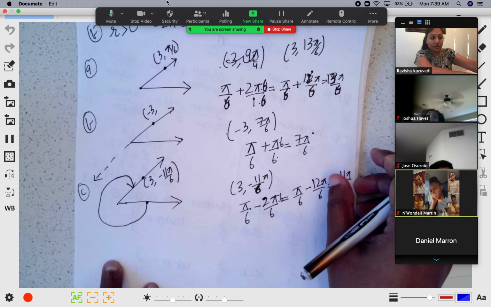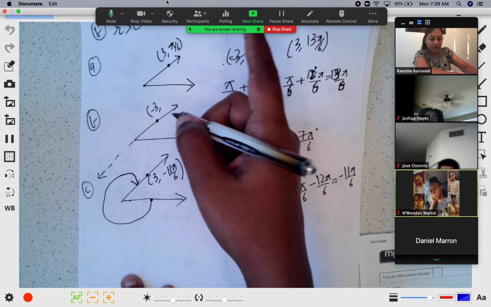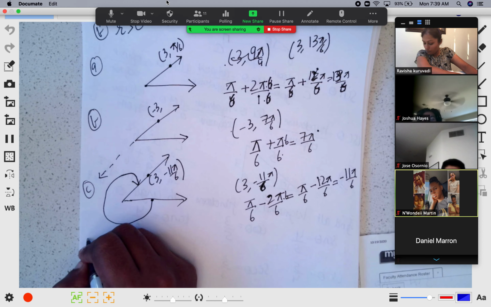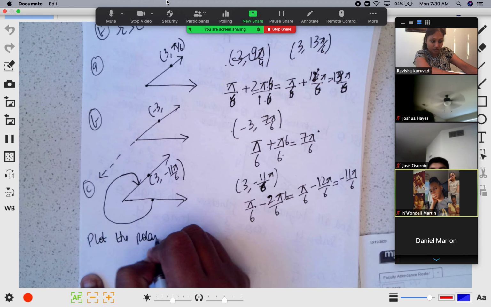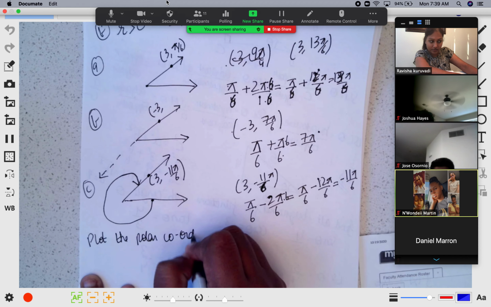If you're done, I want you to find, the question says, plot the polar coordinate.